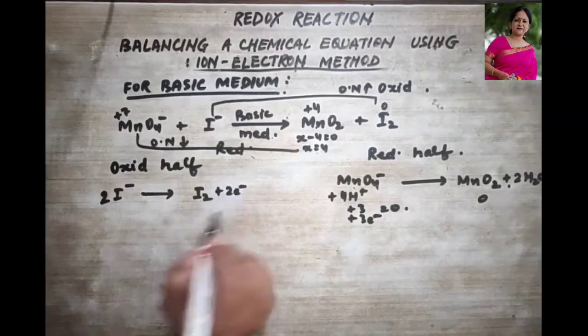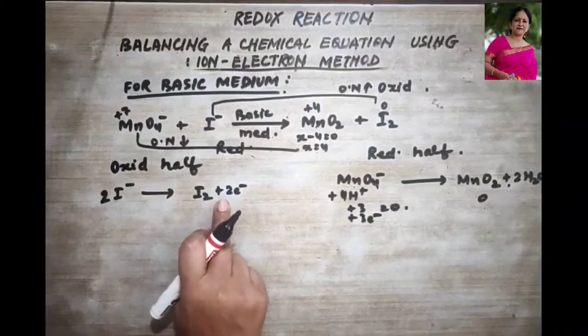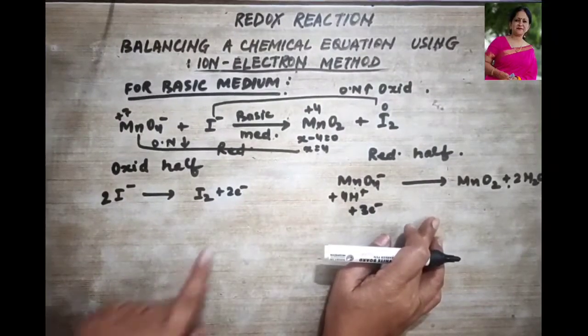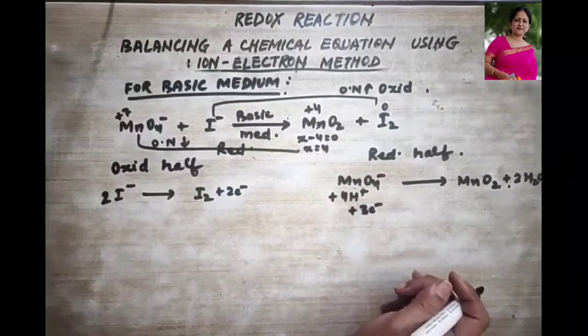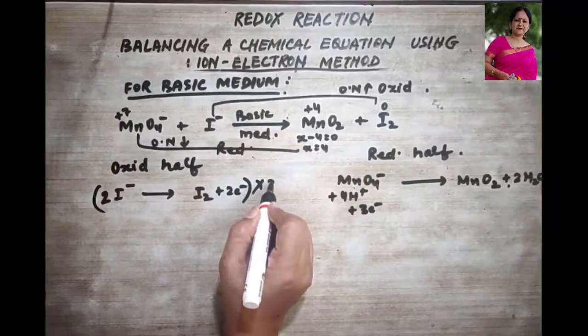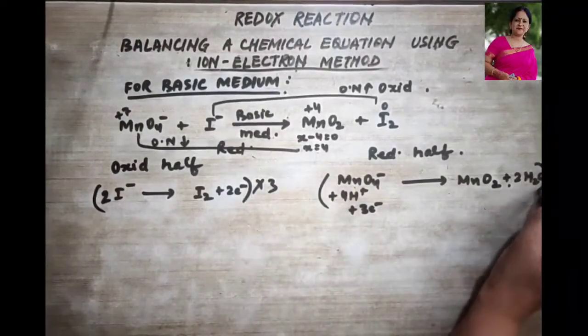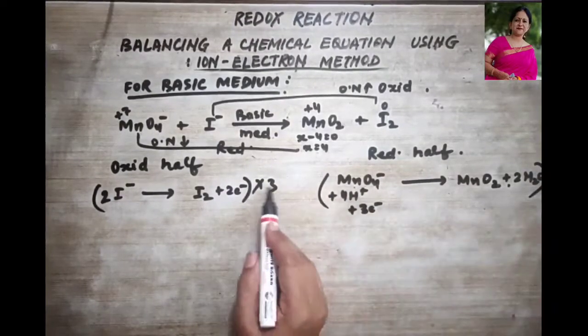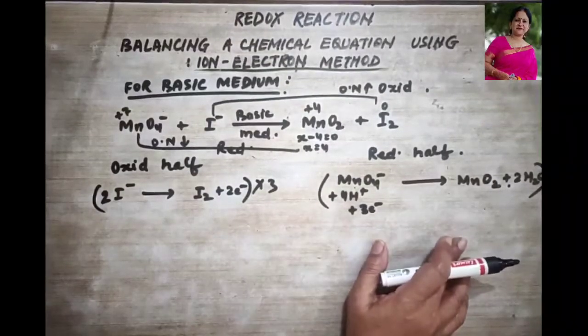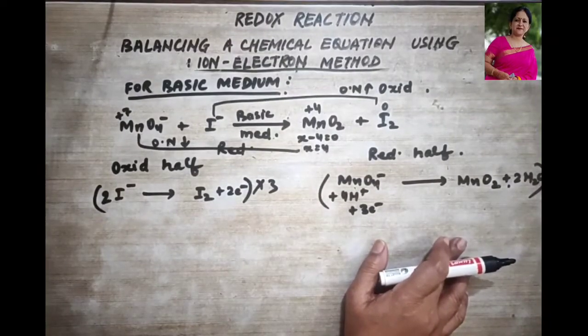We have to add plus 2 electrons. Now here 2 electrons are there. Let us balance these two. So here there are 2 electrons, here there are 3 electrons. So if we multiply this equation with 3 and this equation with 2, 3 2s are 6 and 3 2s are 6, the electrons will become same to get cancelled.